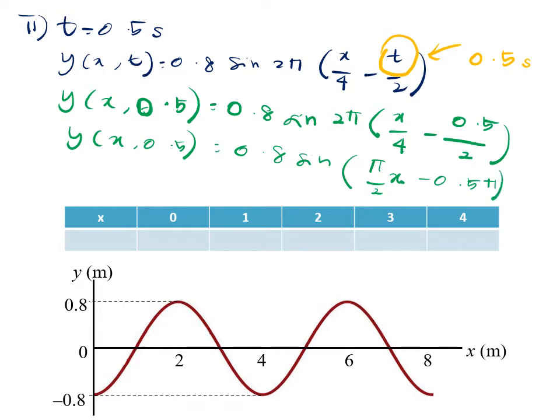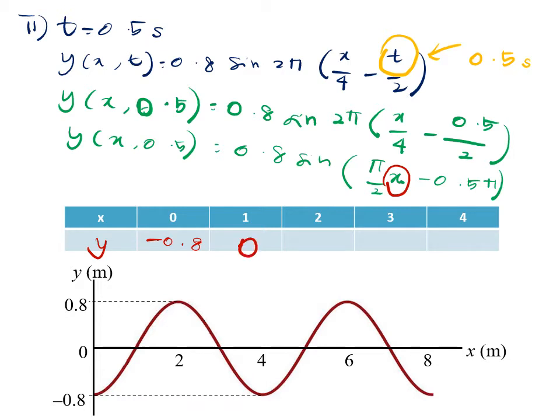Okay, so what you have to do is when x equal to 0, you substitute x equal to 0 and you will get the value of y equal to negative 0.8. Okay, same also if you substitute x equal to 1, you will get 0.